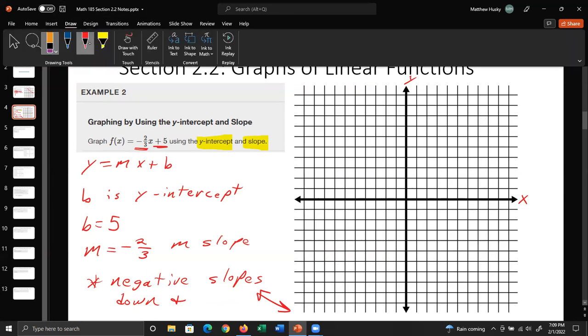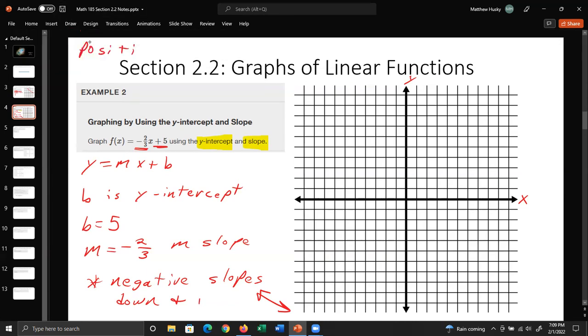They both go to the right. So negative slopes go down and right. So you go down and then right. And then positive slopes go up and right.